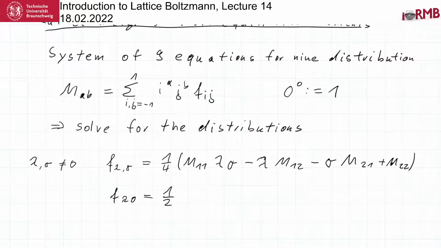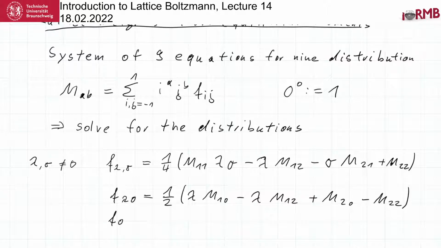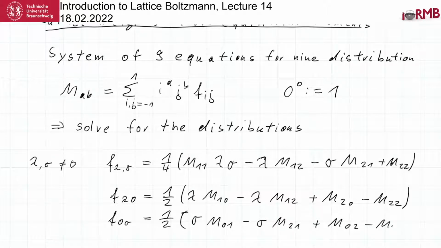So f lambda 0 is 1/2 lambda m10 minus lambda m12 plus m21 minus m22. And of course, f0 sigma is equal to 1/2 sigma m01 minus lambda sigma m21 plus m02 minus m22.